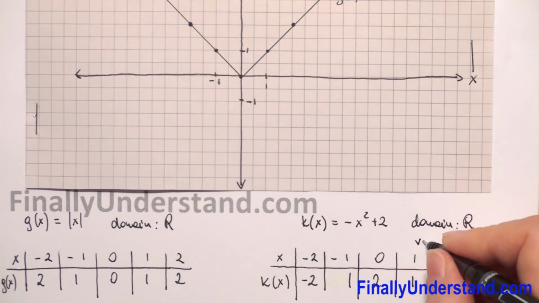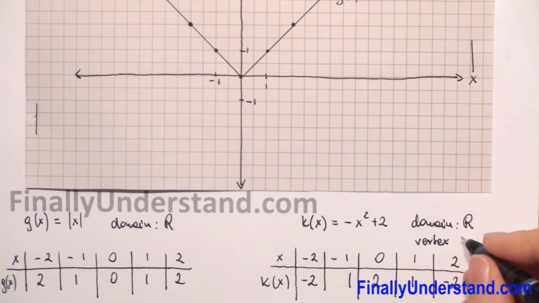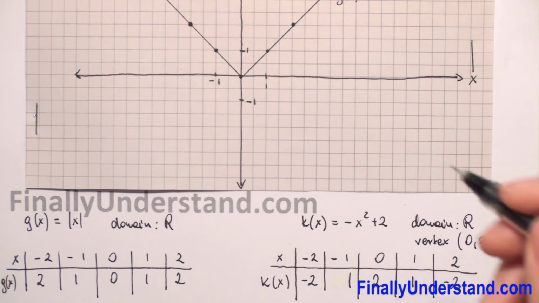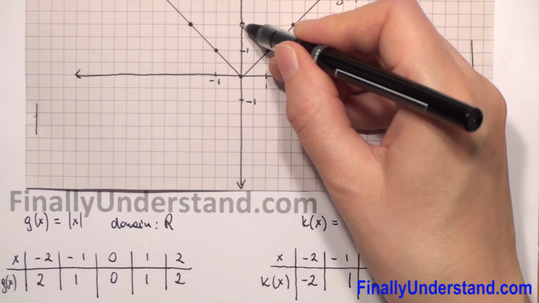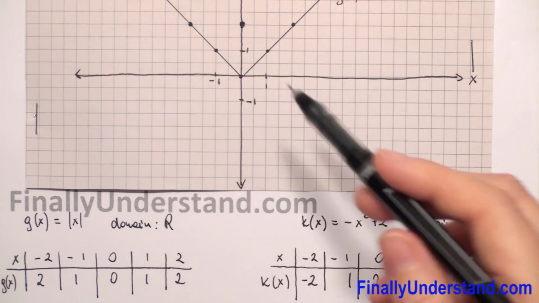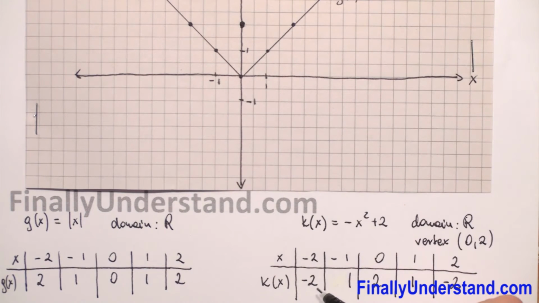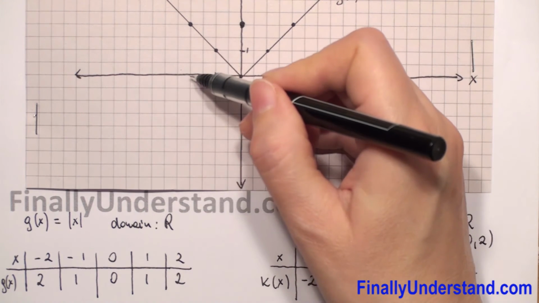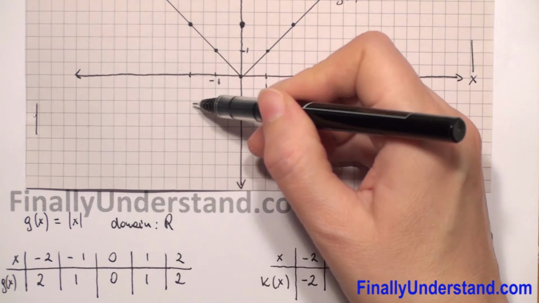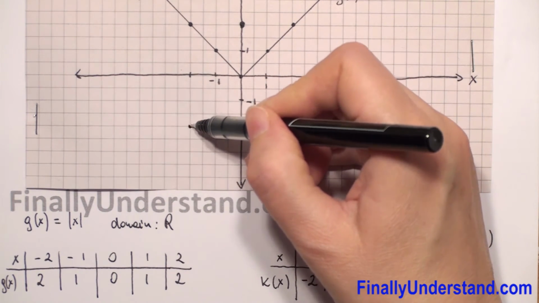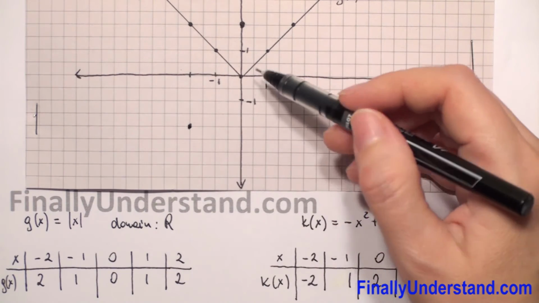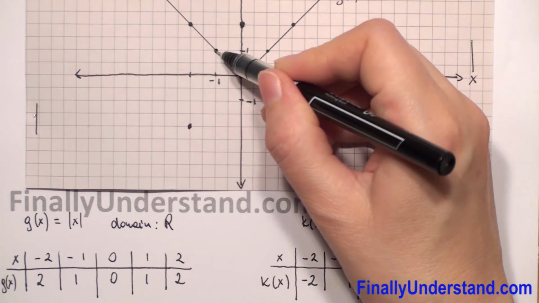The vertex will be at the point 0, 2. So this is our vertex. Now let's put a few points. For negative 2 we have value negative 2, so 2 down. For negative 1 we have 1.